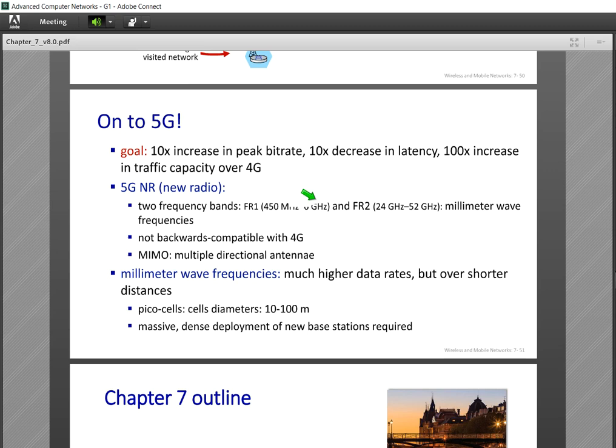But when we talk about 5G, there is one important note. If you look on the internet, you can see that in 5G networks we are using gigahertz frequency bandwidth signals.